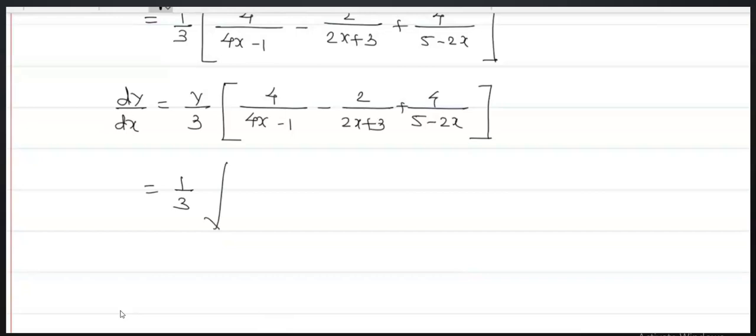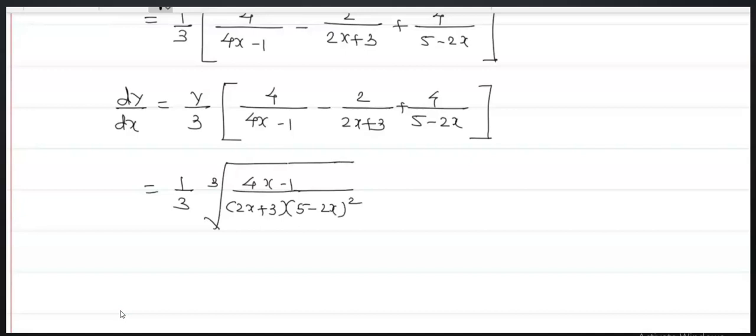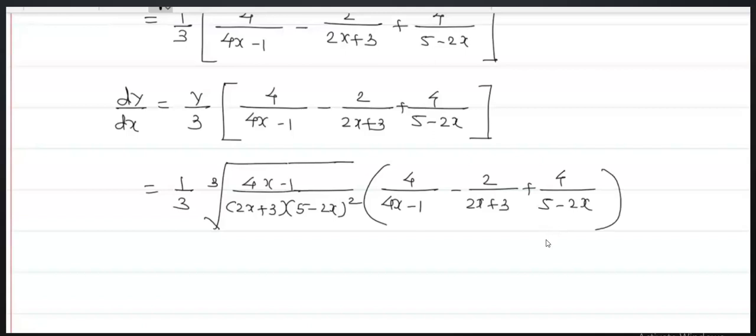Substitute the value of y. That is, the cubic root of 4x minus 1 upon 2x plus 3 into 5 minus 2x bracket square, in bracket 4 upon 4x minus 1 minus 2 upon 2x plus 3 plus 4 upon 5 minus 2x, bracket complete. This is the dy by dx.